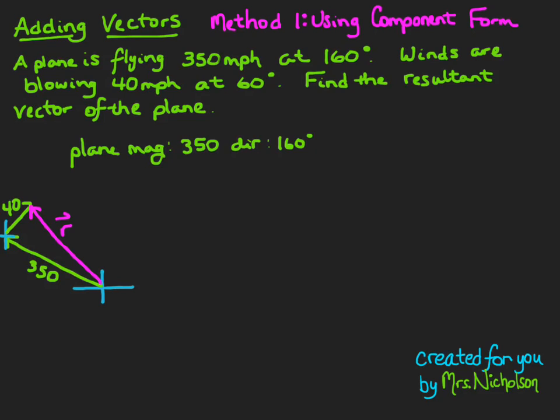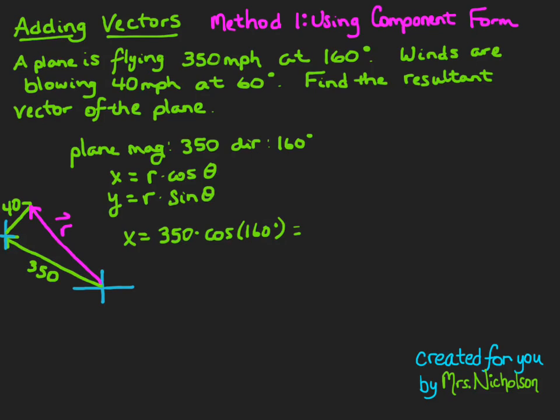So I have my formulas for converting magnitude and direction to component forms. The formula for x is r times cosine theta, and the formula for y is r times sine theta. So my x is going to be equal to 350 times cosine of 160 degrees.